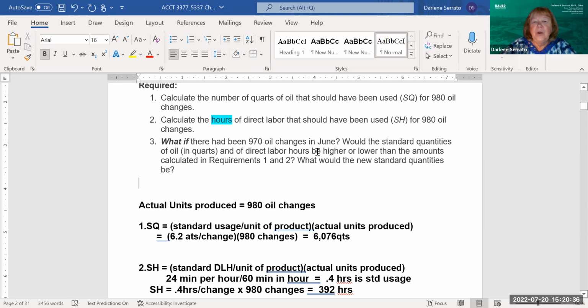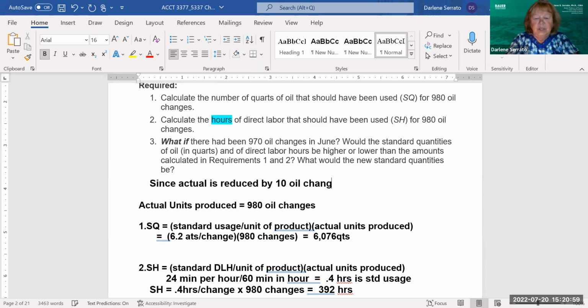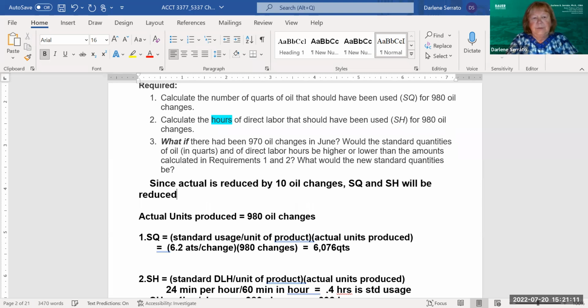oil and of direct labor hours be higher or lower? What would the new ones be? So since actual is reduced by 10 oil changes, SQ and SH will be reduced.